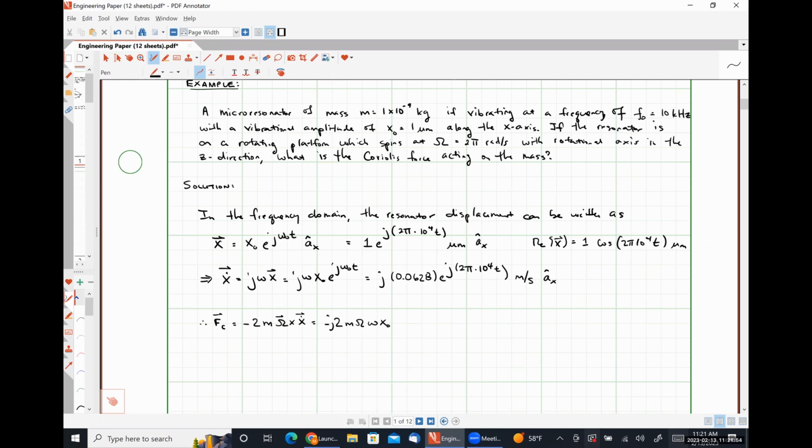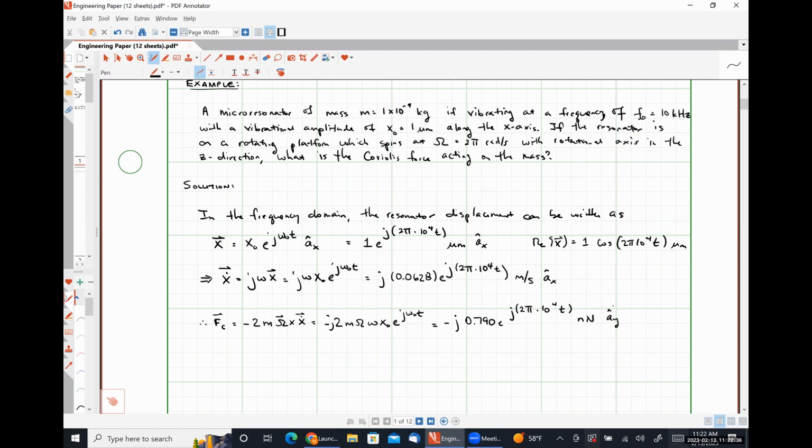I'm going to throw a j out here in the front because there needs to be one there when I do that derivative. e to the j omega naught t. And putting numbers into this thing, it comes out to be -j 0.790 e to the j 2 pi times 10 to the 4 t nanonewtons, and the direction of the force will be in the y direction.